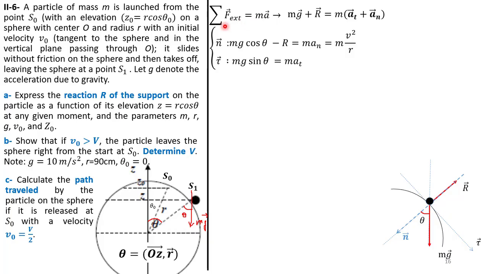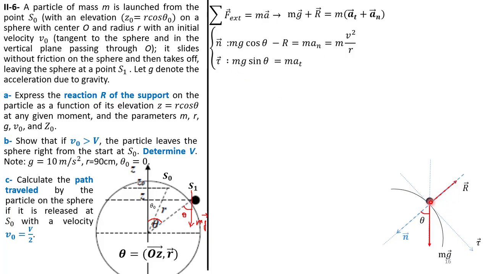So we found this equation, and if we project the fundamental relation of dynamics along tau, we will find a projection of mg along tau will give us plus mg sine theta.